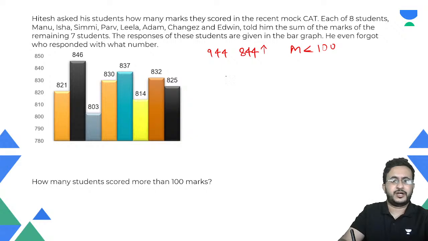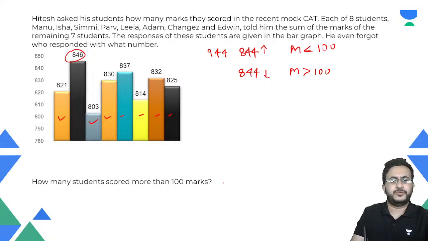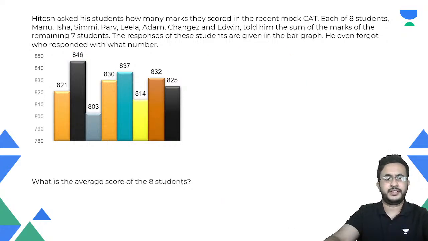Okay, so it is asking how many scored more than 100 marks, or you can say that if the total is 944, so if it is less than 844, so marks will be greater than 100. So except this value, all others are less than 844. So there are 7 people who scored more than 100 marks. Okay. All right. Next question.